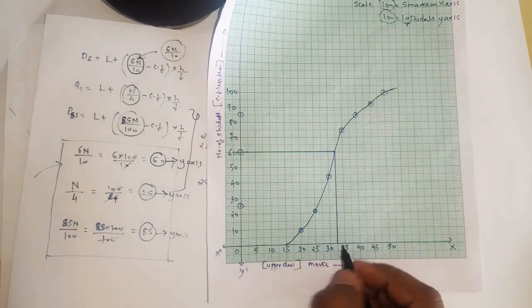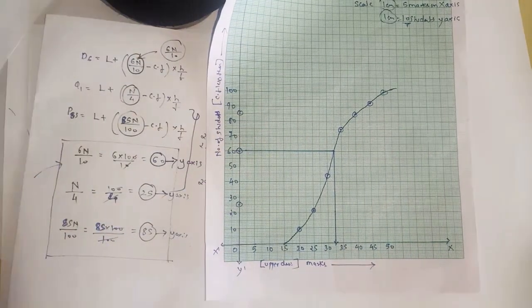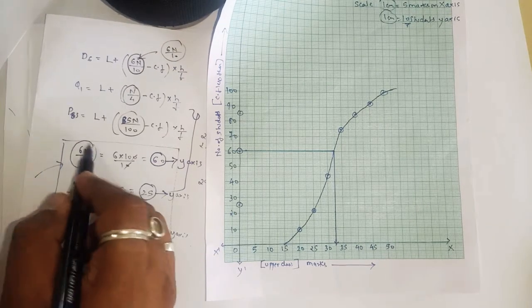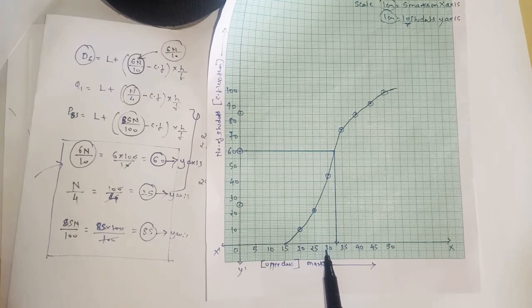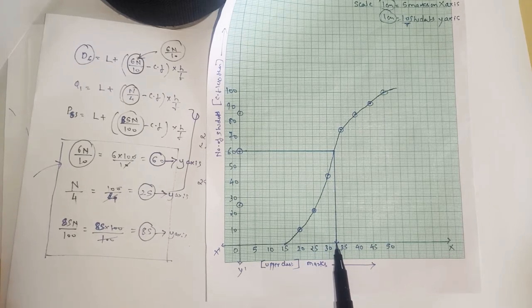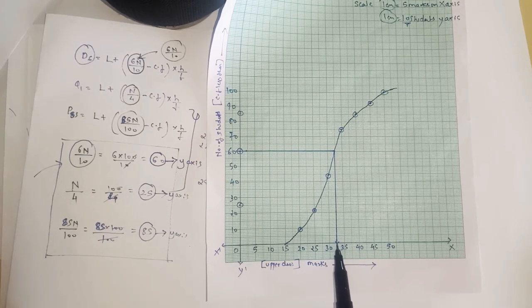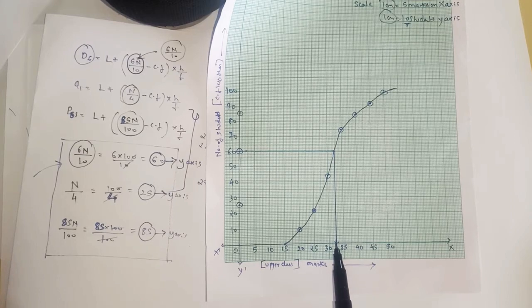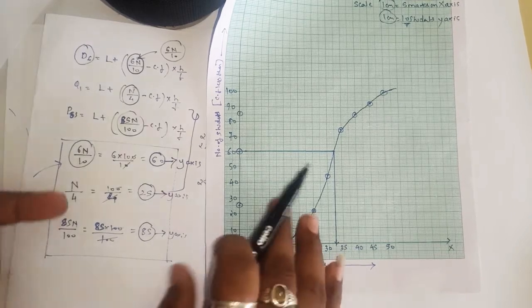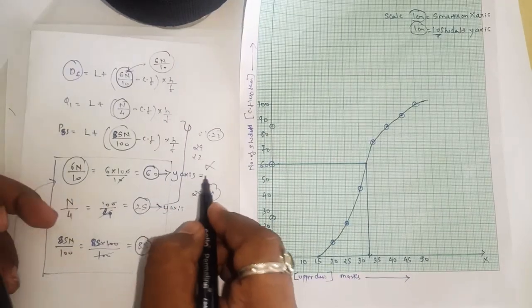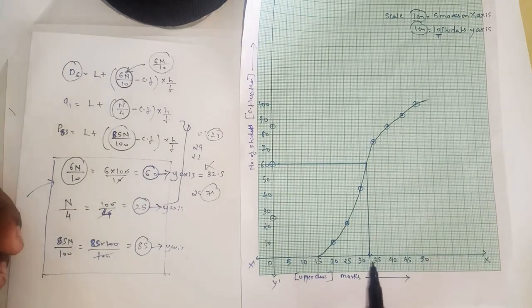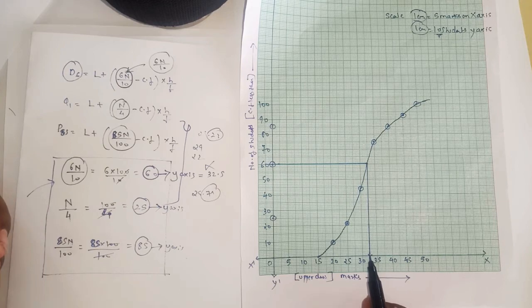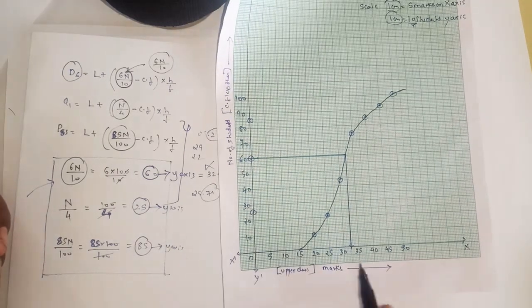Now here is the answer of your D6. As we can clearly see, here we have 30 and 35, so it lies exactly between these two, so approximately I can say the answer will be 32.5. So here we are getting 32.5, yes or no, because this line lies between 30 and 35, yes or no?